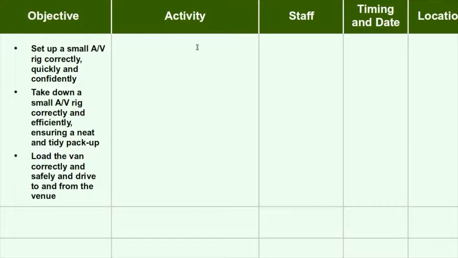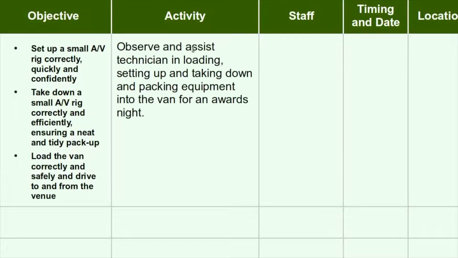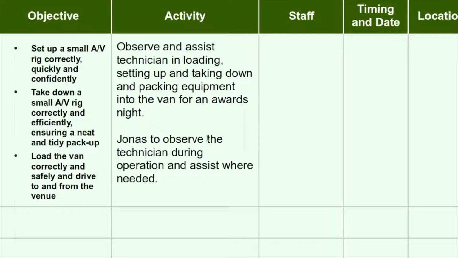And we're going to help him learn to achieve those objectives first by observing and assisting the technician in loading, setting up, taking down and packing equipment into the van for an awards night. Jonas is to observe the technician during operation and assist where needed. So you can see here our learner is doing part of the job, but we've identified some techniques for how he can learn as well.